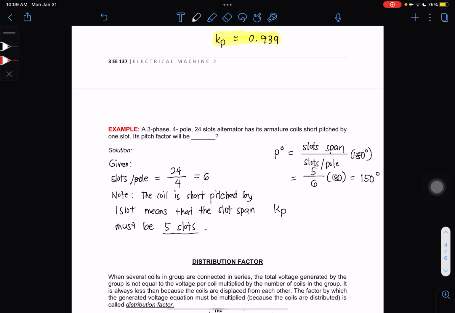Solving for our pitch factor, the formula is sine of span of the coil divided by 2. So we have sine of 150 degrees divided by 2. So our pitch factor is 0.966. So this is our final answer for our pitch factor in our example number 2.